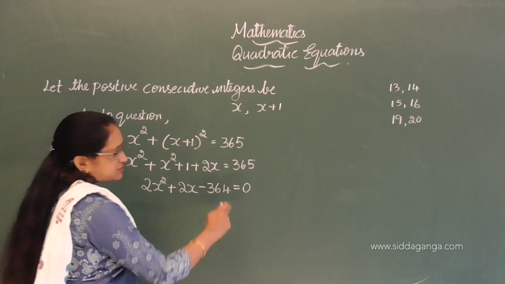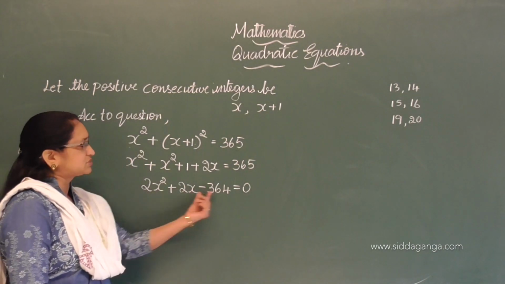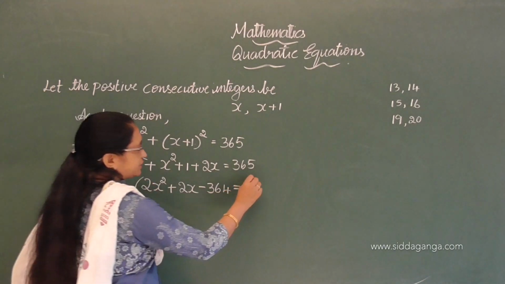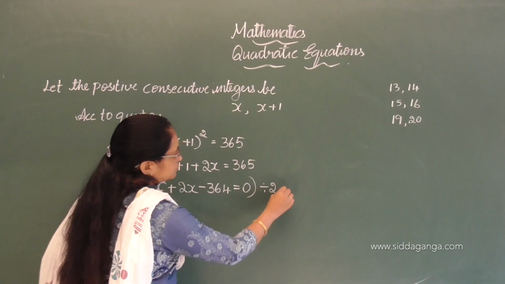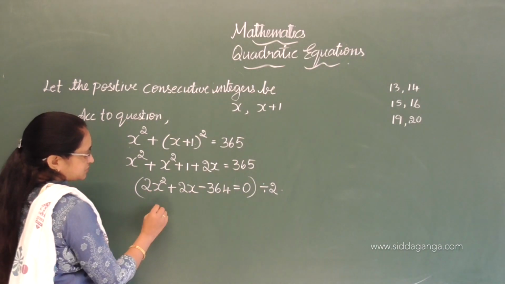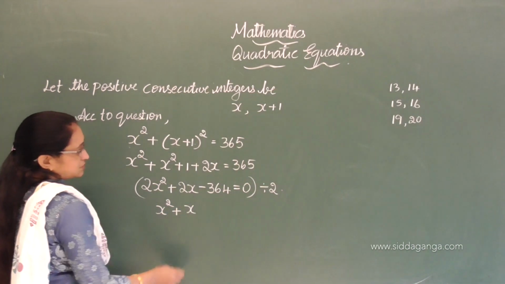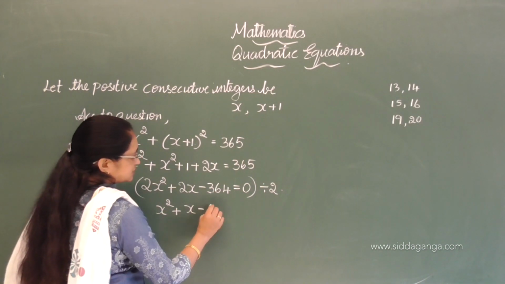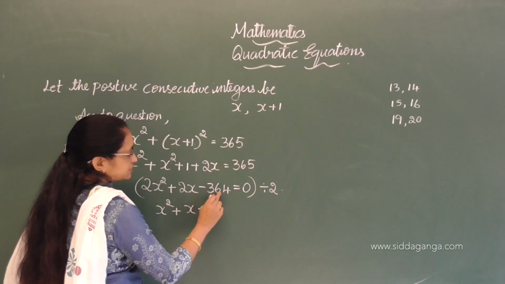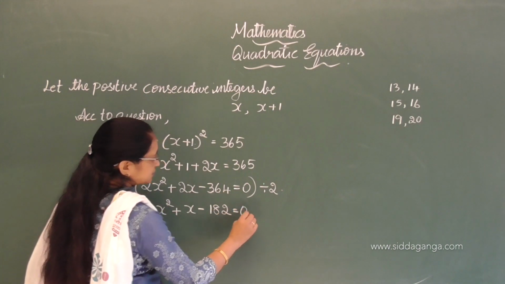When you observe this, you can definitely bring it to a simple form by dividing the whole equation by 2, so it will be easy for you. Dividing the whole equation by 2, this will be x square plus x minus 182 equal to 0.